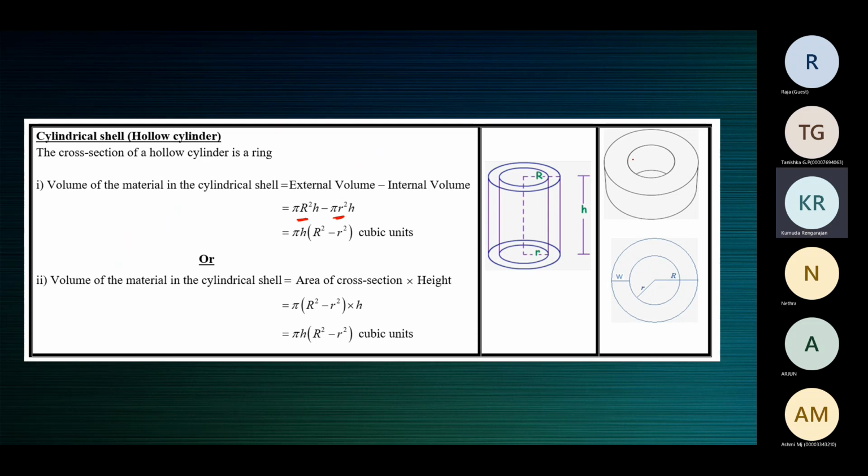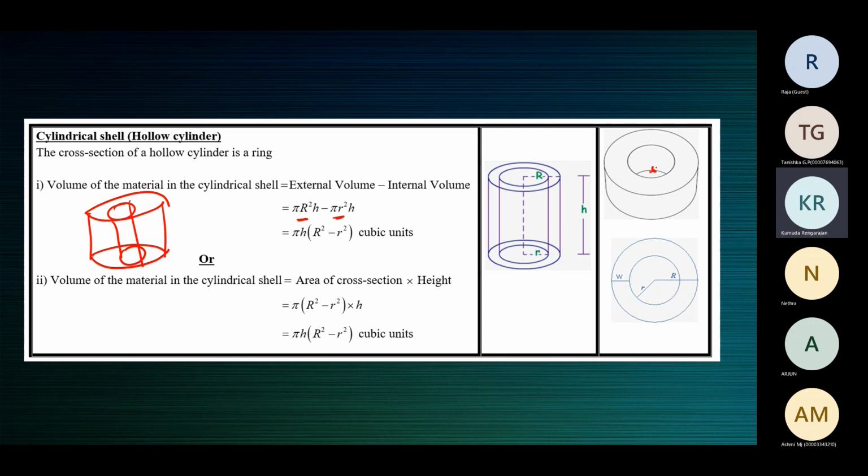Supposing you have a manufacturing unit and you manufacture hollow metal cylinders like this. How will you do this? It's as if you make a solid cylinder first, and from the solid cylinder, you remove another cylinder from the middle.